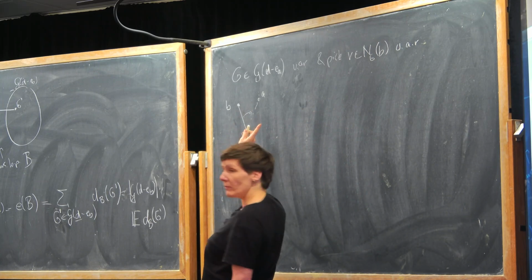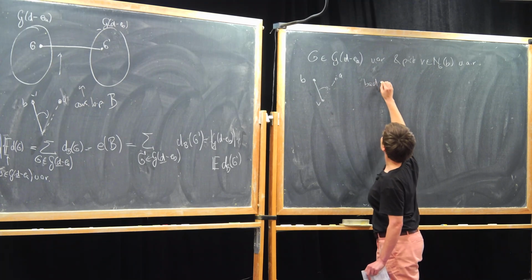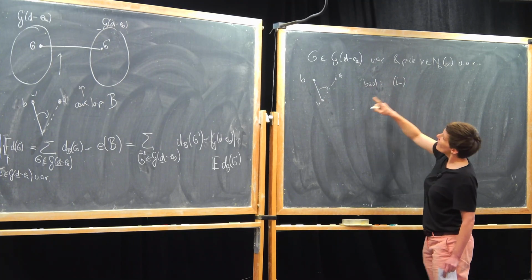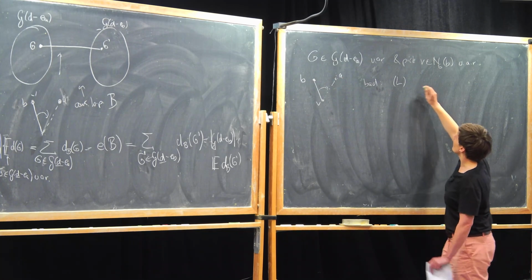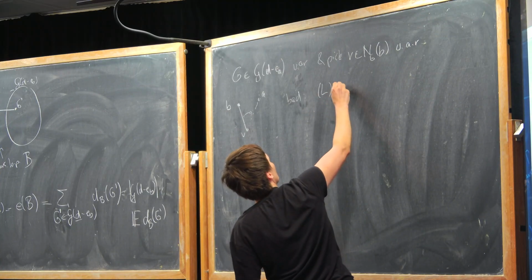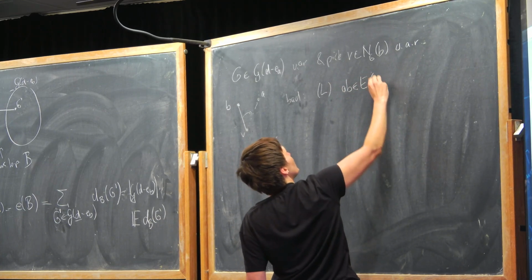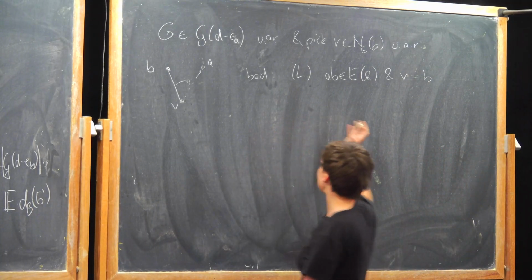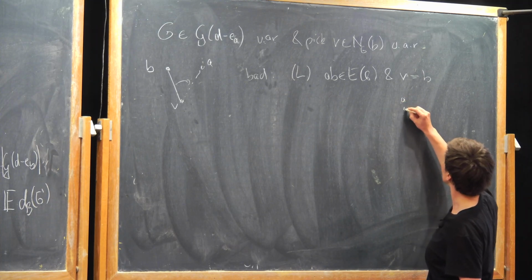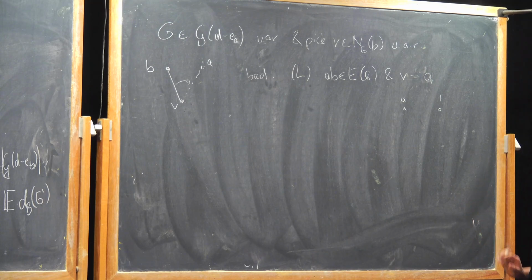I can perform this flip unless the bad events happen. The first bad event is that my random neighbor that I picked was actually A, so that AB is an edge in my G and my random neighbor V is equal to A. Yes, I'm flipping AB now.